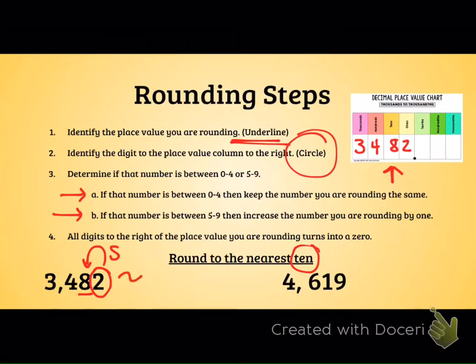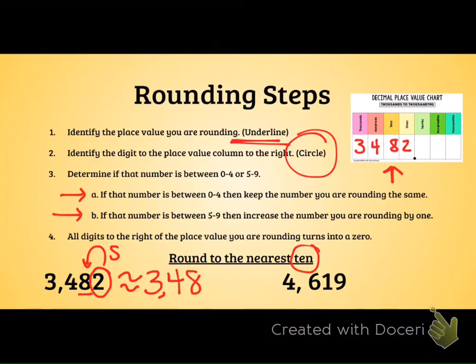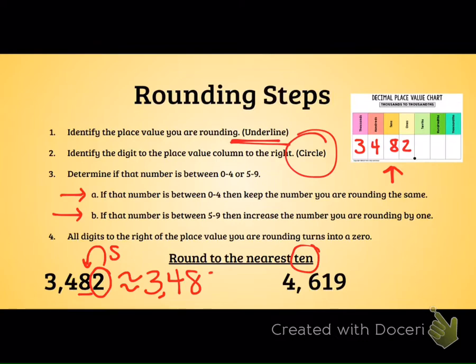So our approximation, you notice my equal sign looks like it's squiggly. That's on purpose. It's because it is an approximation. So approximately, the 3 stays the same, the 4 stays the same, the 8 stays the same, and I have to turn that 2 into a 0. So my rounded number is 3,480.